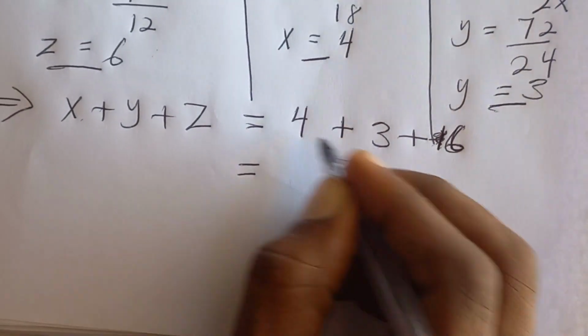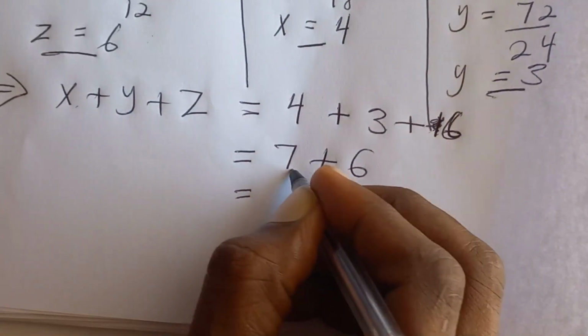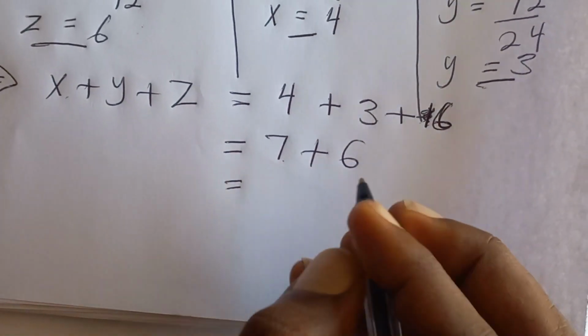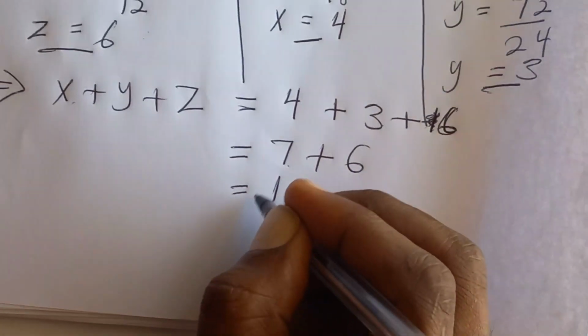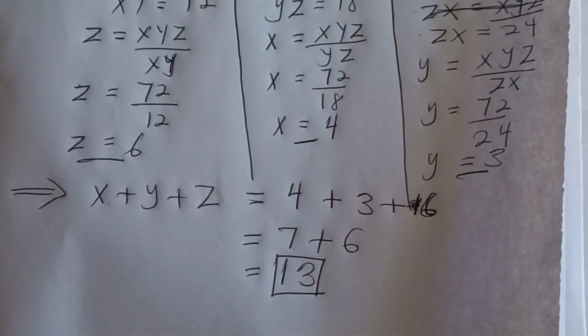So 4 plus 3 is 7, plus 6, we are getting 13. So our final answer for this problem is 13.